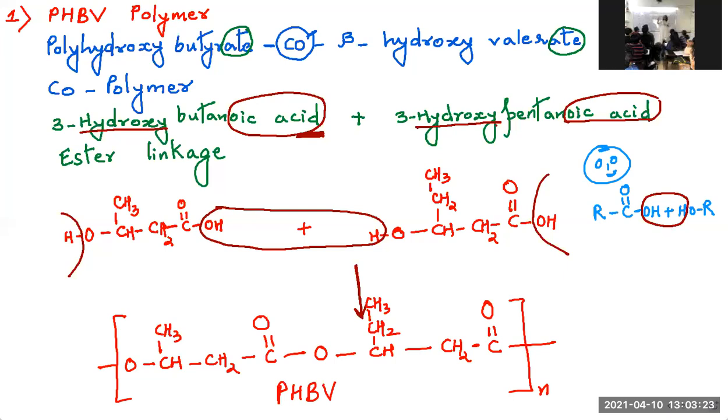Now we proceed further, taking the second one. The second one which we are making is Dextrin or Dextron.